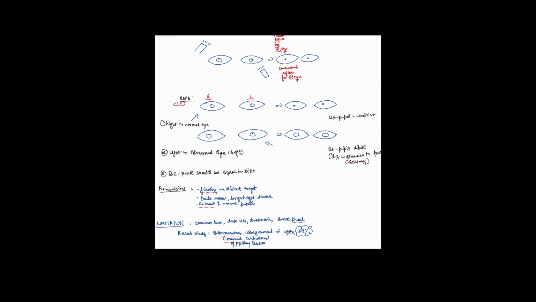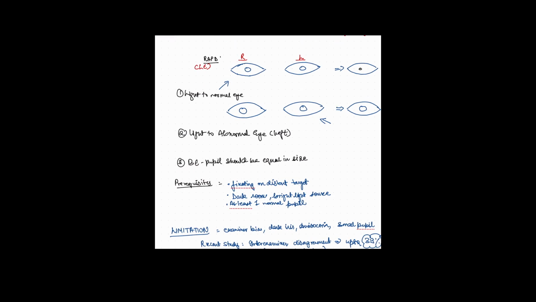So in relative afferent pupillary defect, if I show my light to the normal eye, then both the pupils will constrict. If I show my light to the abnormal eye, then both the pupils will dilate, due to decreased sensory stimulus to this pathway. And the third condition that should be met is both eye pupils should be equal in size. Why? We will learn it later.